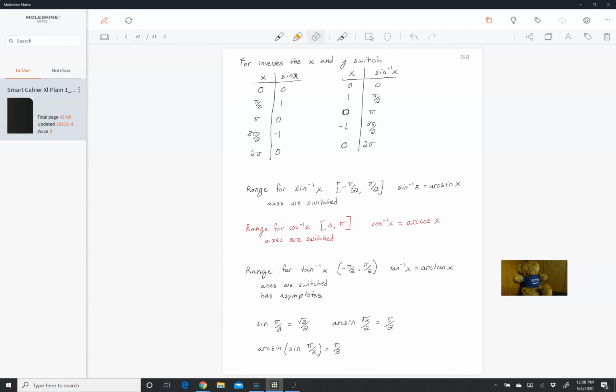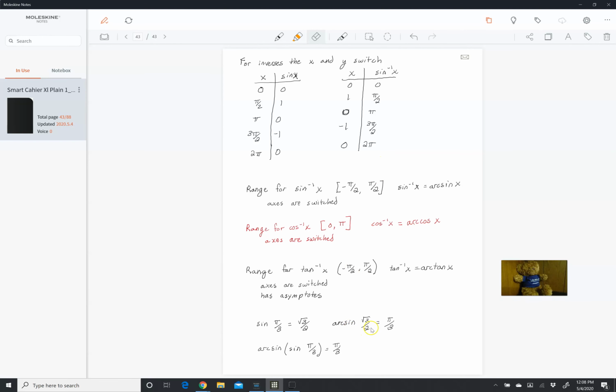Okay, because this is between negative 90 degrees and 90 degrees. Sorry, it's negative 60 degrees. Let me say that one more time. This is between negative 90 and 90, right? Negative pi over 2 is negative 90 degrees. Pi over 2 is 90 degrees.